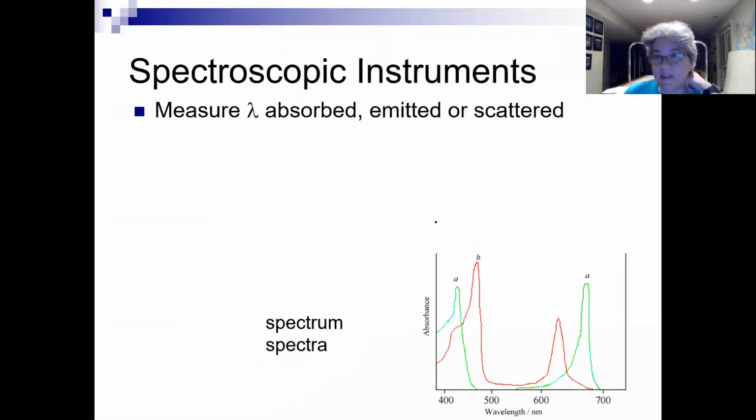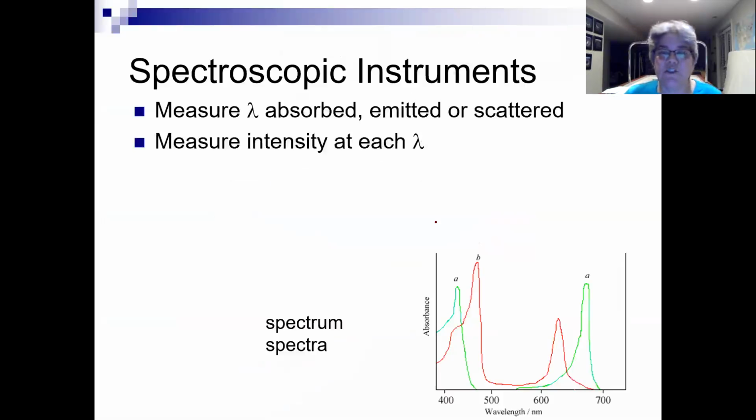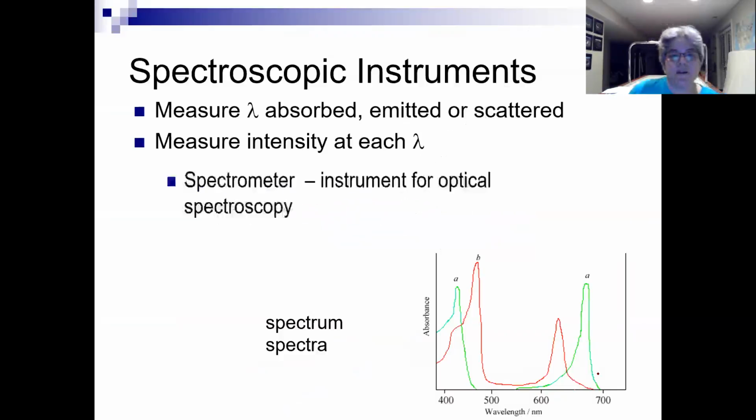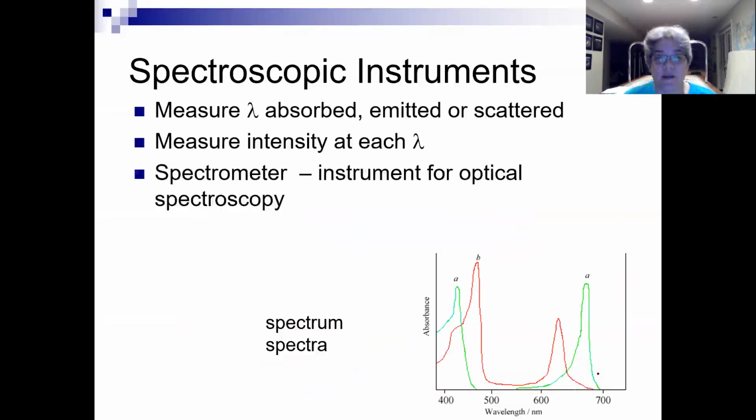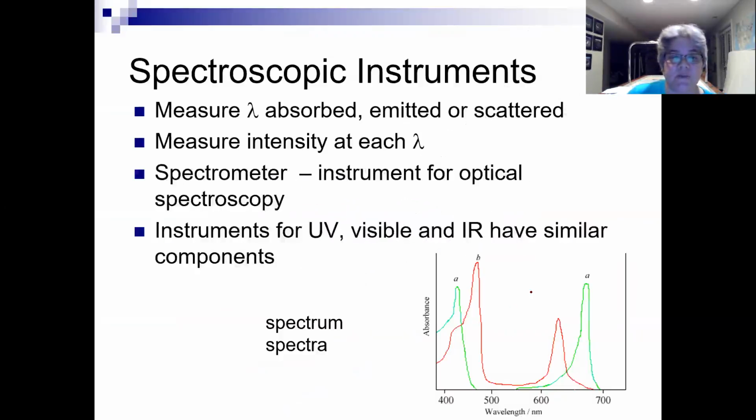So remember, in these instruments, we're measuring wavelengths that are absorbed or emitted or scattered, and we're measuring the intensity. So we're getting these spectra. Okay? So the instruments that measure these spectra are called spectrometers. That's the name of these instruments.